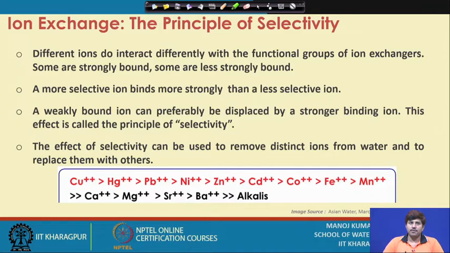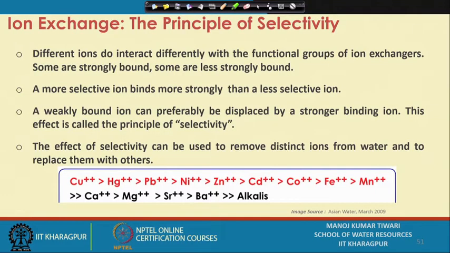If the resin comes with a weakly bound ion, that will preferably be displaced by the stronger ions. Let us say we have an ion exchanger resin in the process of removing something, and it has bound one contaminant, but if in the water it comes in the vicinity of other contaminants which can bind more strongly, it will release that contaminant and bind with the other. So, it all depends on the selectivity.